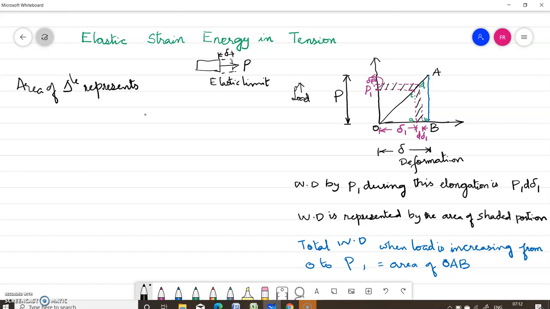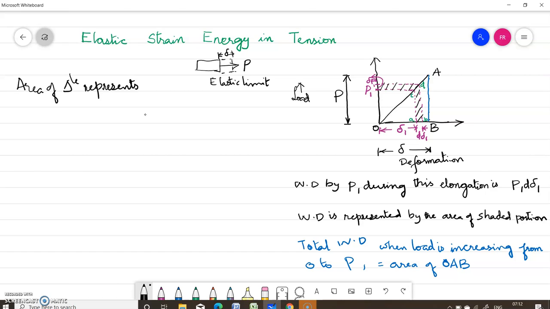The values on the y-axis represent the load and the values on the x-axis represent the deformation. So here, let P1 be an intermediate value of the load.